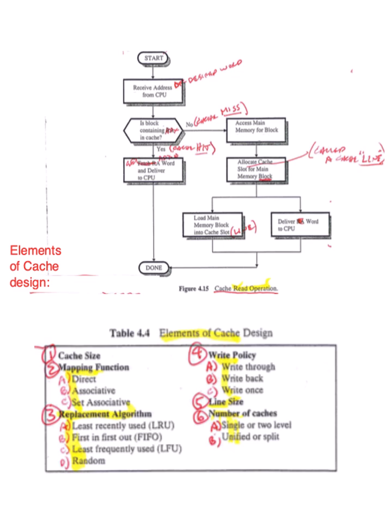That's your replacement algorithm. What do you want to throw out of the cache, and that's just as important as where it physically goes. More important, actually. And then next you branch to do two things simultaneously. You give the CPU what it wants, and then you load that block from main memory into the cache line slot.